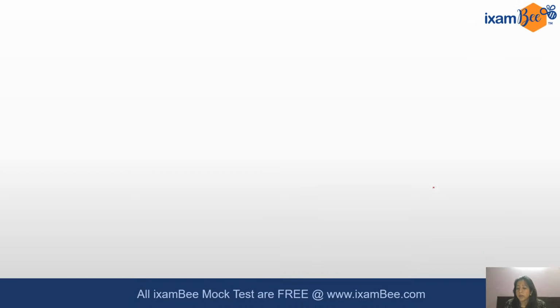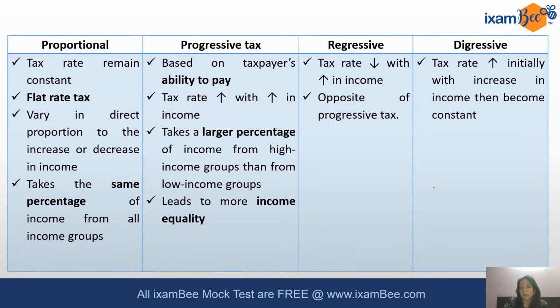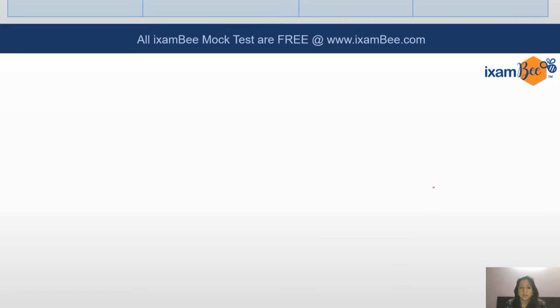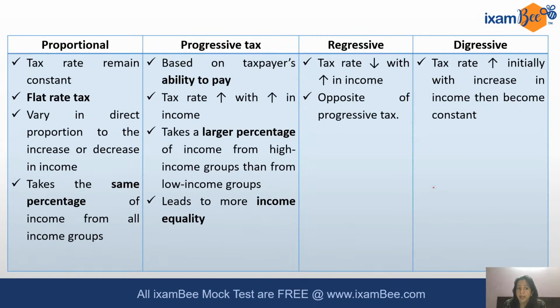And why? What happens in the progressive, regressive and proportional tax rate systems? When we talk about the proportional tax rate system, the tax rate remains constant, meaning with an increase in income there is no change in the tax rate. When we talk about progressive tax, when the income is increasing, the tax rate is also increasing, right?